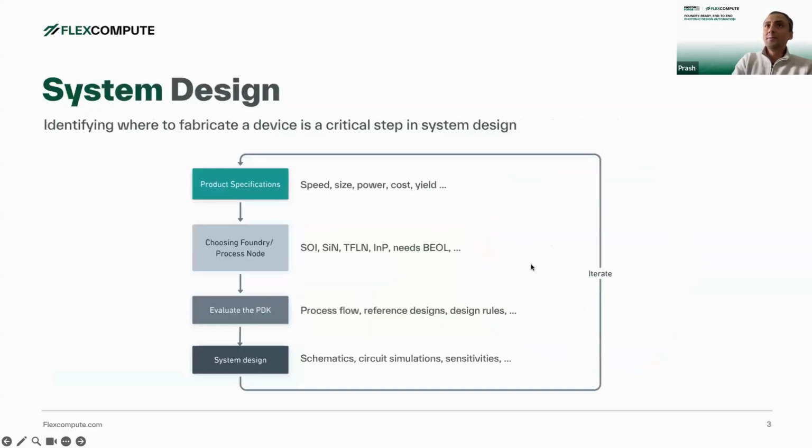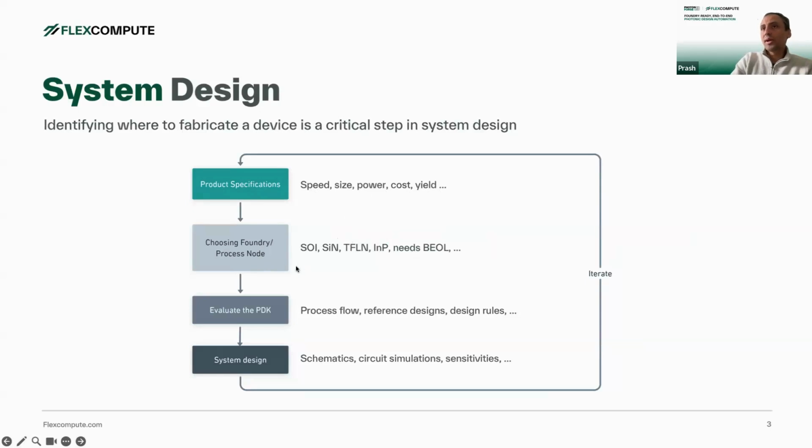And this cycle is usually iterative. And even in the system design step, identifying where to fabricate a device is a critical step in your design process. You might start with product specifications like speed, size, power, what type of yield I want. And then you say, okay, I might be able to do this with the SOI platform, or let's say I need a very high speed modulator, maybe I want to do it in thin-film lithium niobate, and so on and so forth.